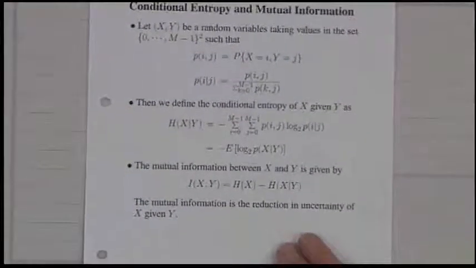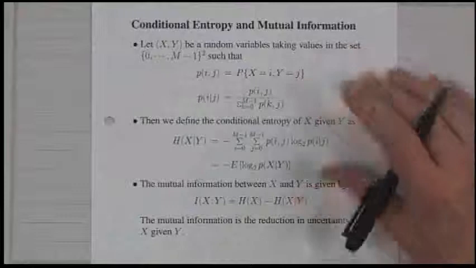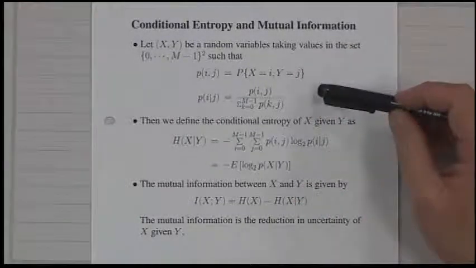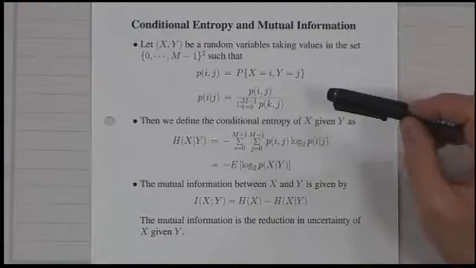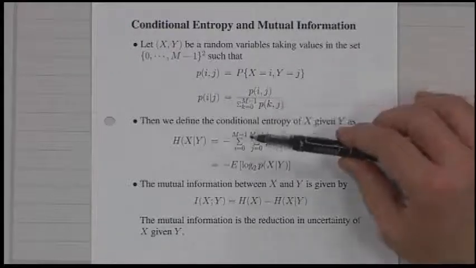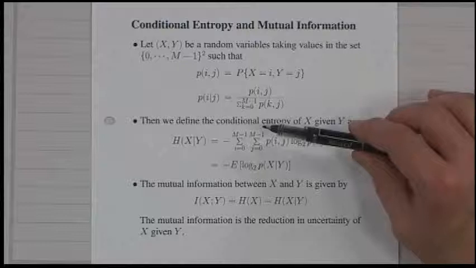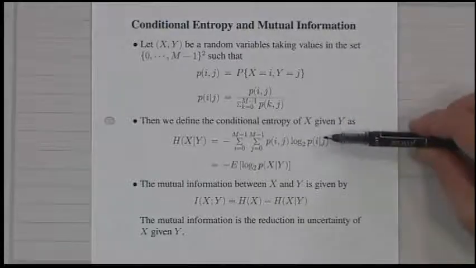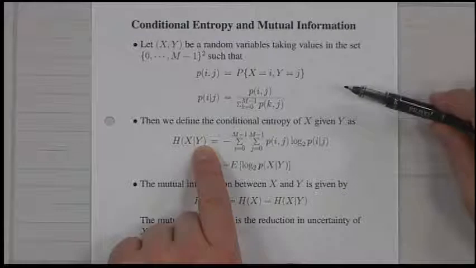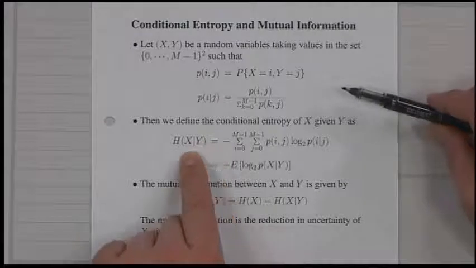Now, conditional entropy and mutual information are very important. You can define a concept of conditional entropy, which is the expected entropy of the conditional random variable x given y. So if you know y, you can ask, well, for a known value of y, what's the entropy of x?